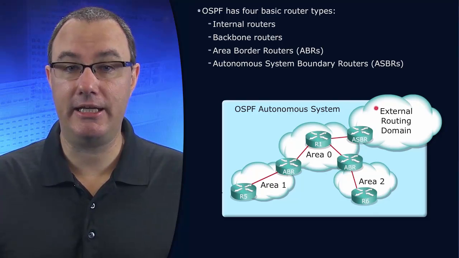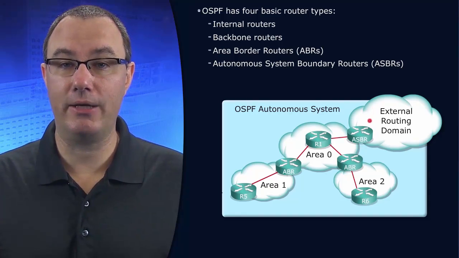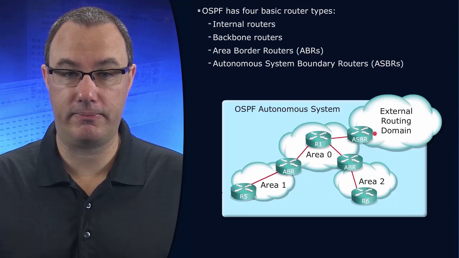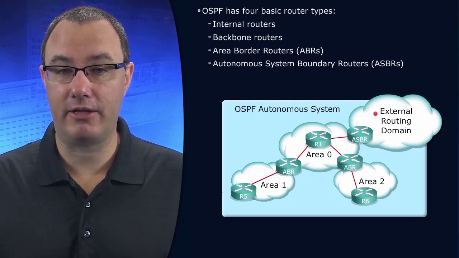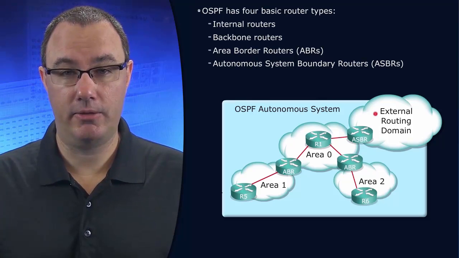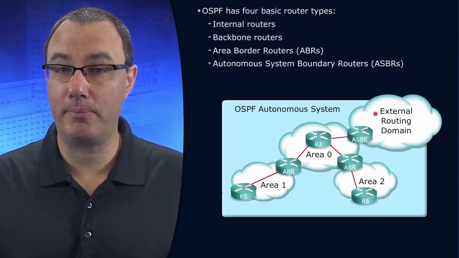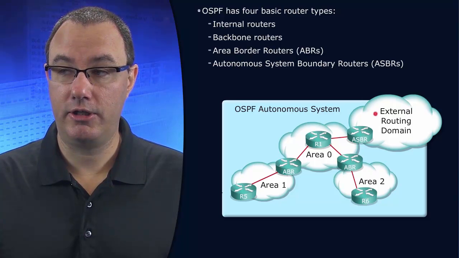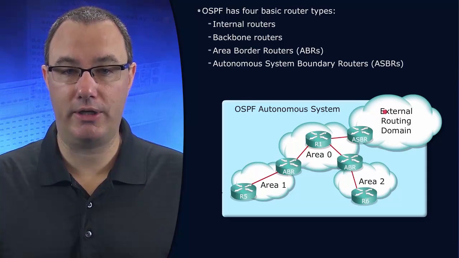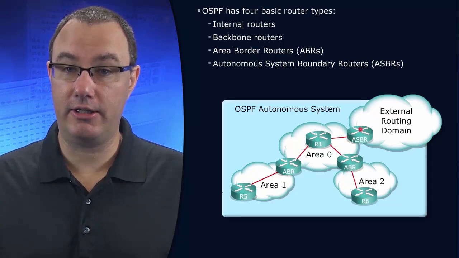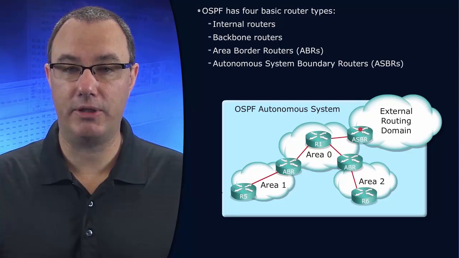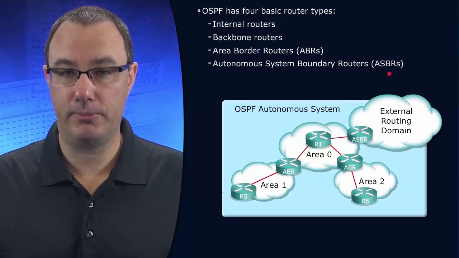That could be an EIGRP routing domain, a Border Gateway Protocol autonomous system, RIP, ISIS. It could even be another OSPF autonomous system that is separated and not natively sharing routes between the two routing domains. And there is a technique that we use on all ASBRs, and it is called redistribution.